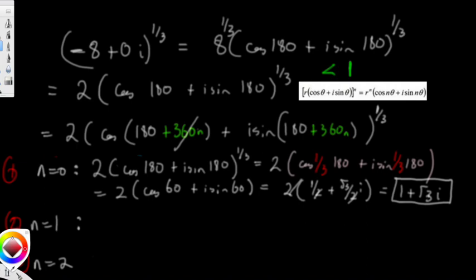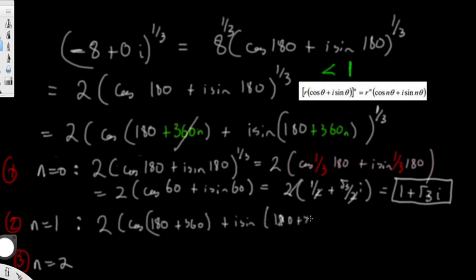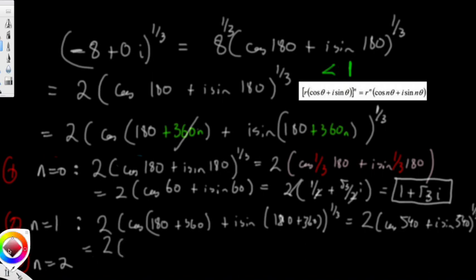Okay, so then for the next case, n is equal to 1, we've got 2 cos, and this time 180 plus 360, plus I sine of 180 plus 360, all to the power of 1/3, which will be 2 cos of 540 plus I sine of 540 to the power of 1/3. Now we can apply De Moivre's theorem directly. We take that n, which is 1/3, and drop it in place of the angle.